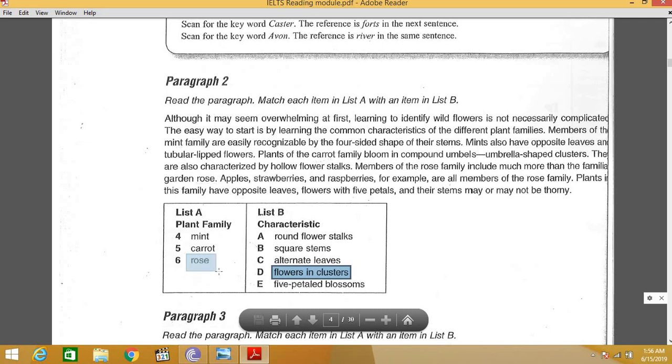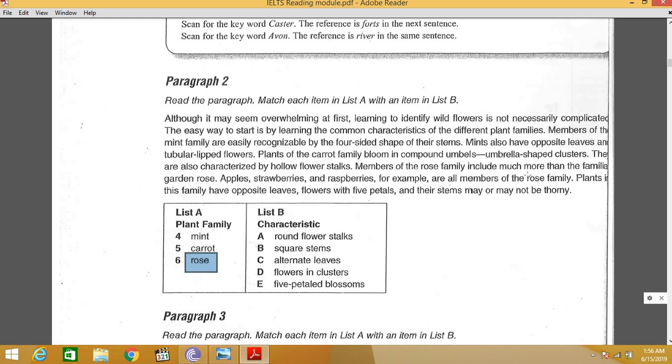Then rose. In the same way we do scanning. When you do scanning for rose, there is a rose here. I have found that word rose, and here again I find the word rose here too. Well, then we read the whole sentence. Members of the rose family include much more than the familiar garden rose, apples, strawberries.